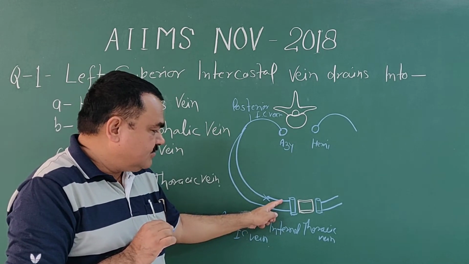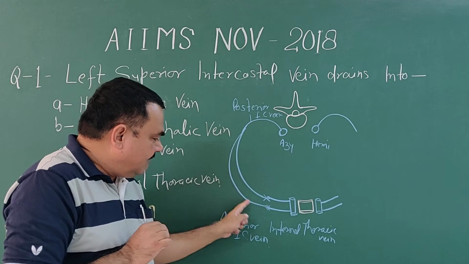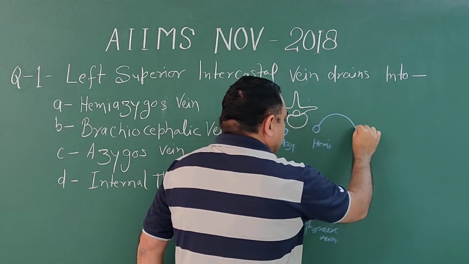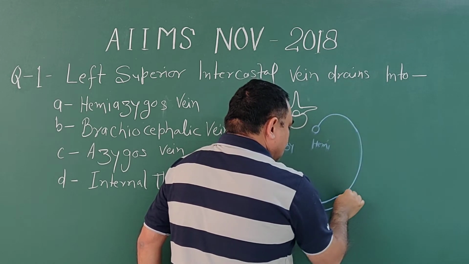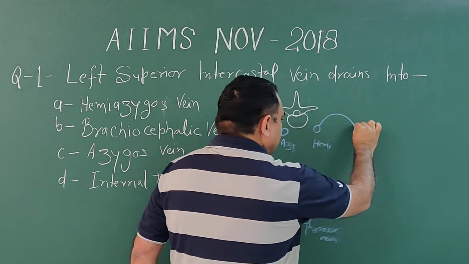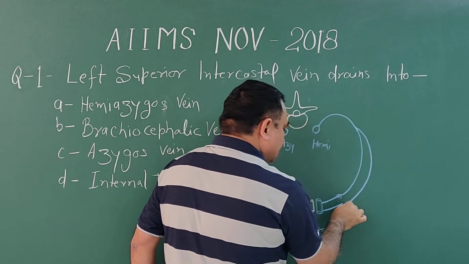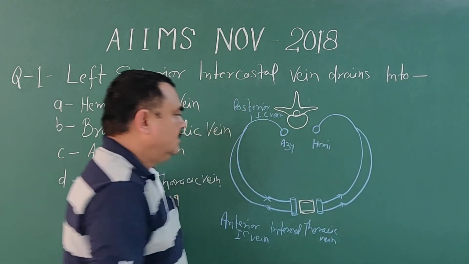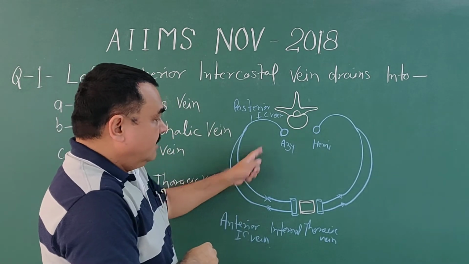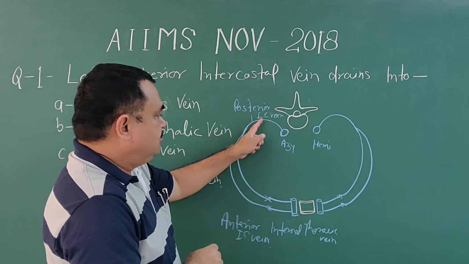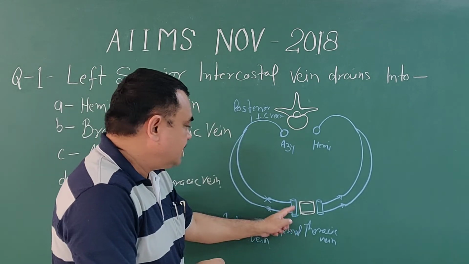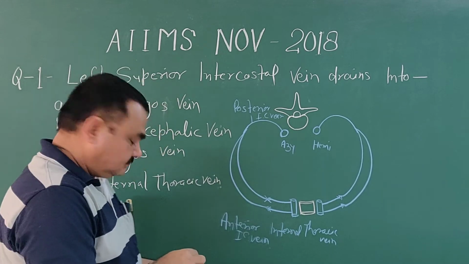So this anastomoses with this vein, and this collateral vein anastomoses with this vein. So also on the left side, and this is the collateral vein. So these are the posterior intercostal and anterior intercostal veins. This is the internal thoracic vein, this is the collateral vein.